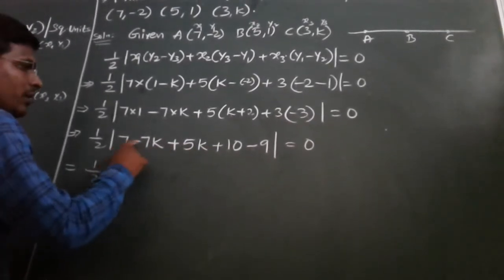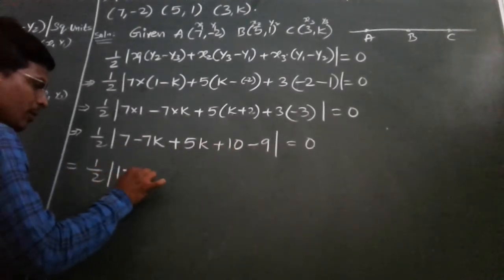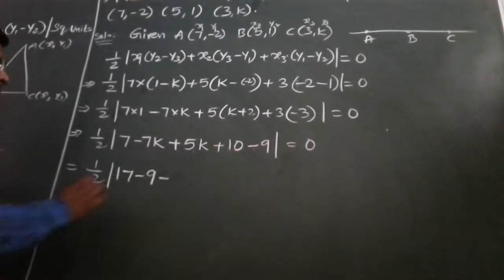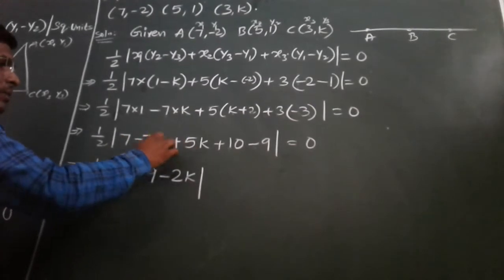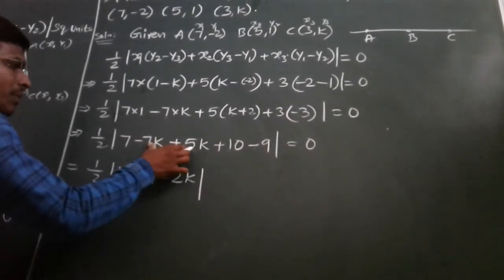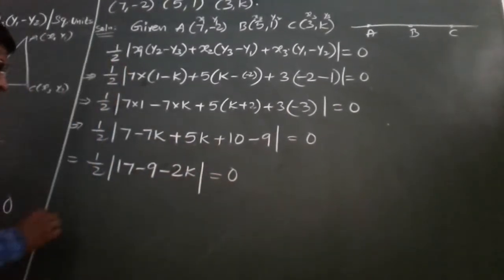First 7 plus 10, how much? 17, minus 9. Minus 7k plus 5k, how much? Minus 2k. Because one number is negative and another is positive, here we can go for subtraction. So if you subtract these two numbers, you will get minus 2k. So that is equal to 0.